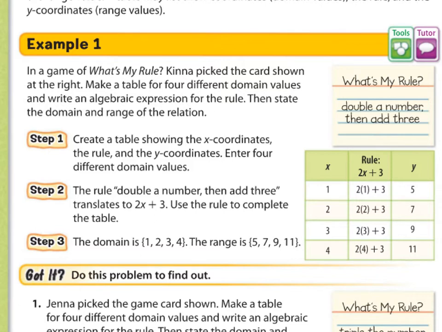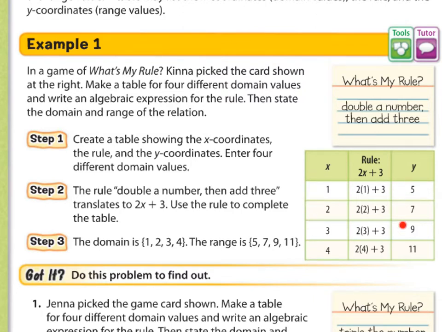In order to have this yourself, you have to follow this 3-step process. So first, create a table showing the x coordinates, the rule, and the y coordinates. Enter 4 different domain values. These 4 different domain values were just chosen. You can choose any domain at that point, but what you want to do here is show consistency.